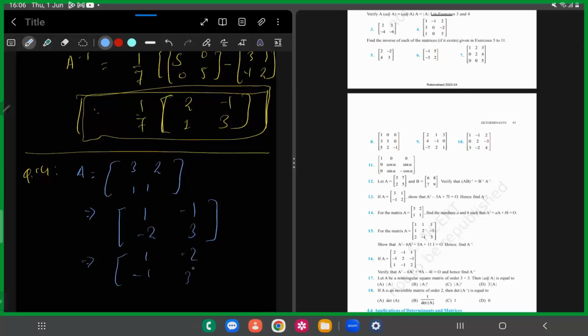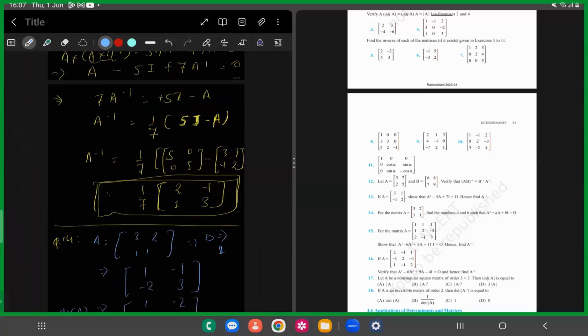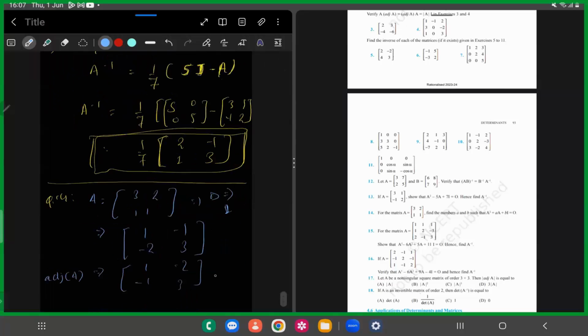Its determinant, delta, is equal to 3 minus 2, that is 1. So this is the adjoint matrix. Since our determinant value is equal to 1, this same matrix would be our inverse matrix, because 1 by determinant of A is simply equal to 1.